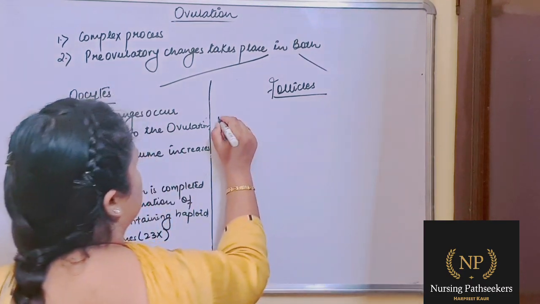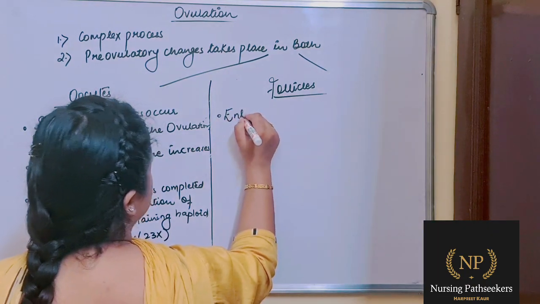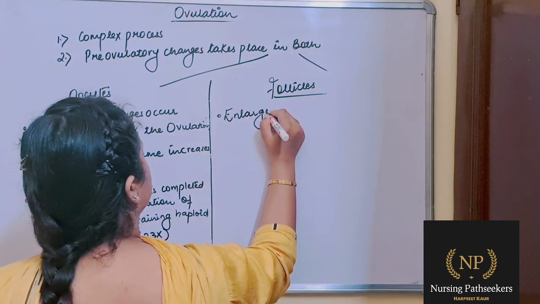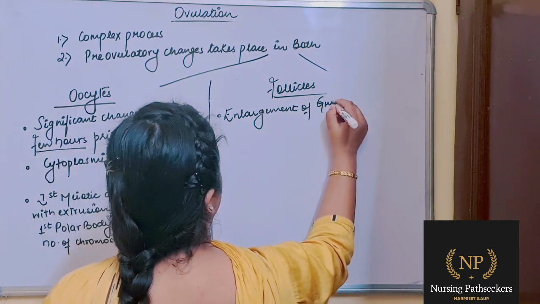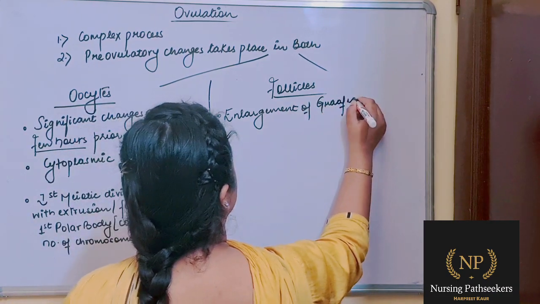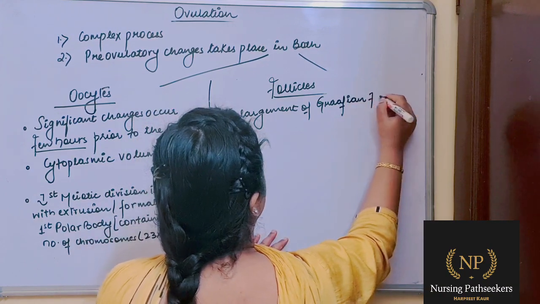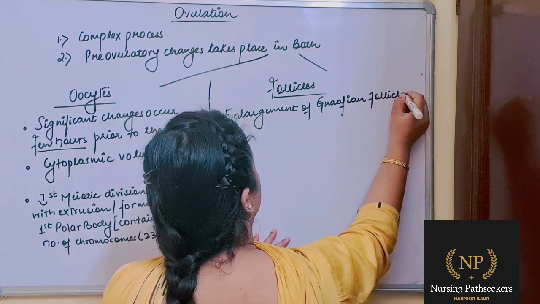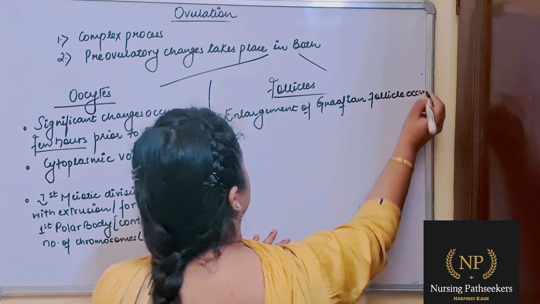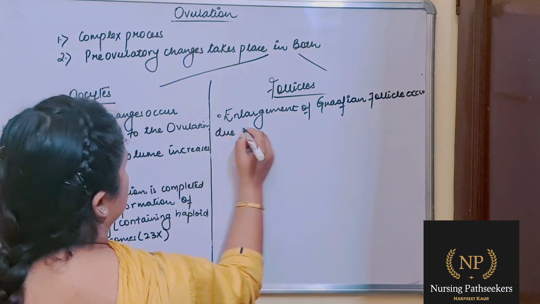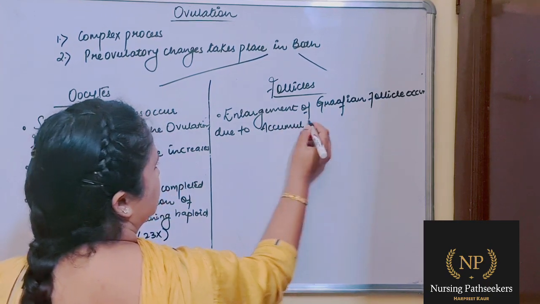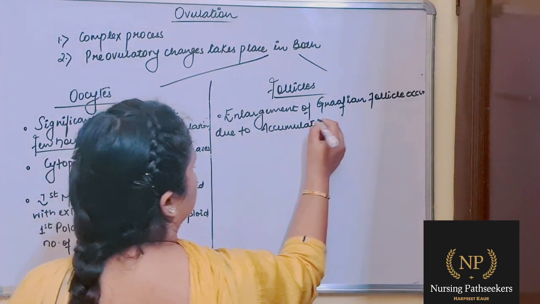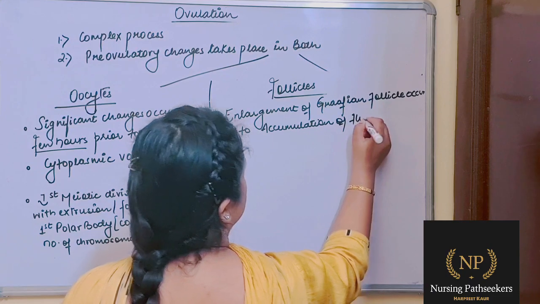Right? Now the first thing, the enlargement of Graafian follicle occurs due to accumulation of fluid.